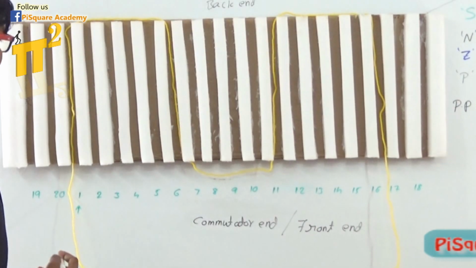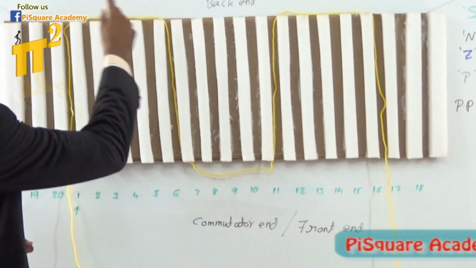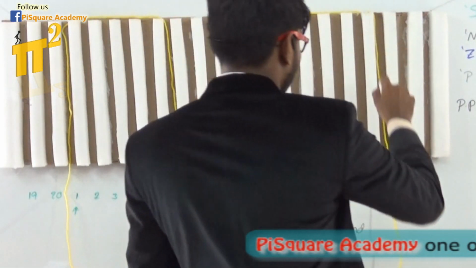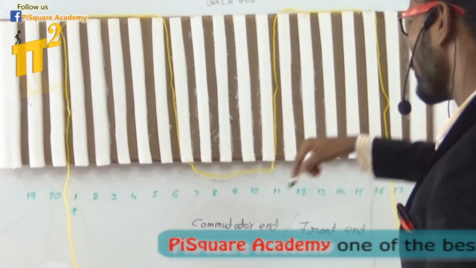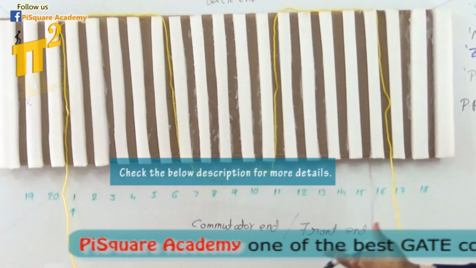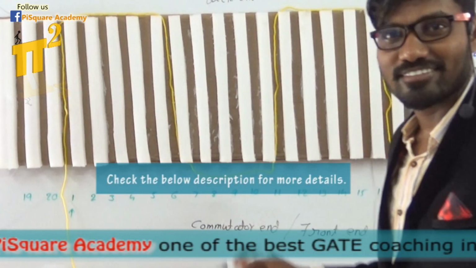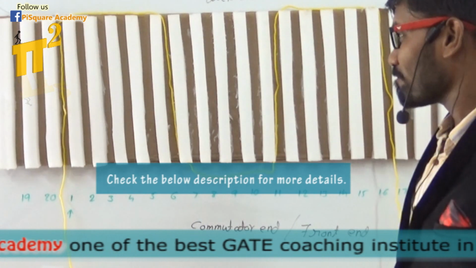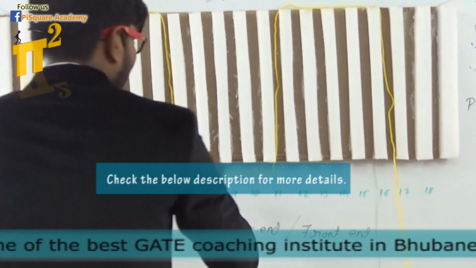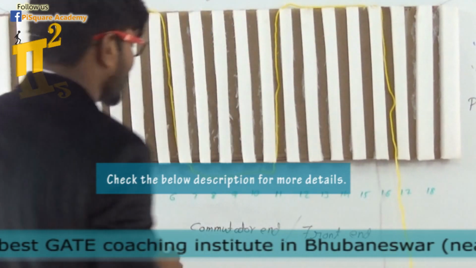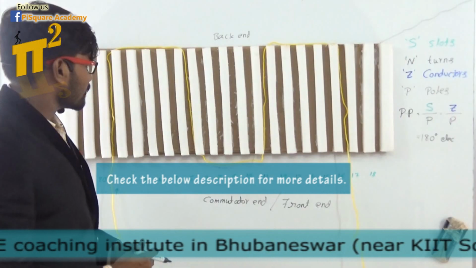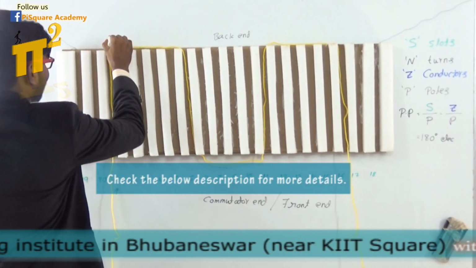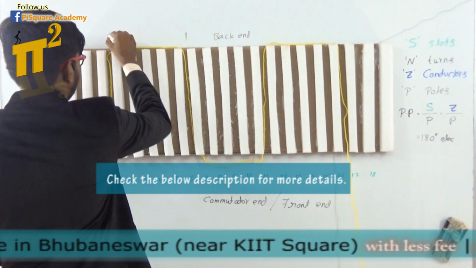Next, what is the type of windings? So this winding, how is this winding looking? A wave shape. So this winding is called wave winding simply. Because it is looking like a wave, it is called wave winding. Now to make such a kind of winding, to make this structure, what are the details you require? I require this back end distance.